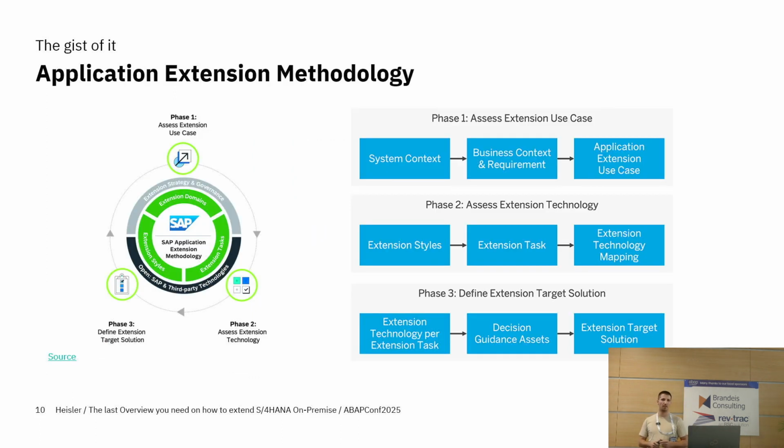And yeah, now the more important part, in my opinion, is the application extension methodology, which is a part of the BTP guidance framework. It is split up into these 3 phases. This one will guide you through the way how to go from a function requirement to the technical building blocks.